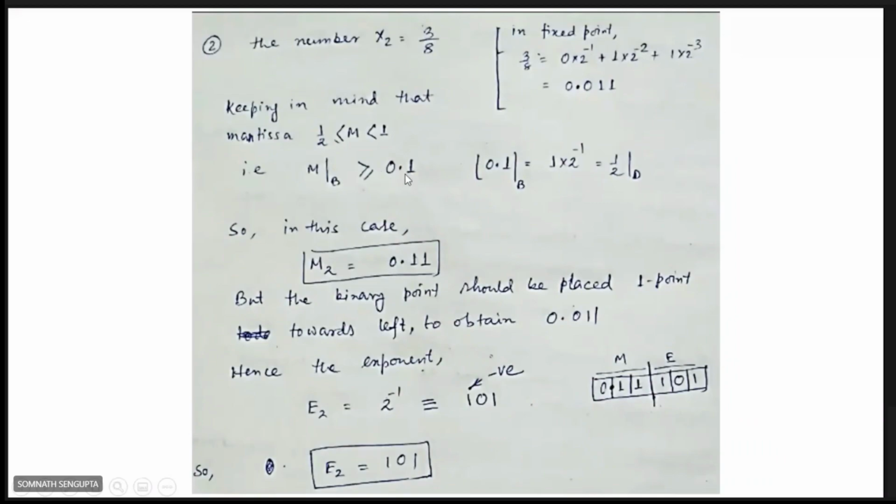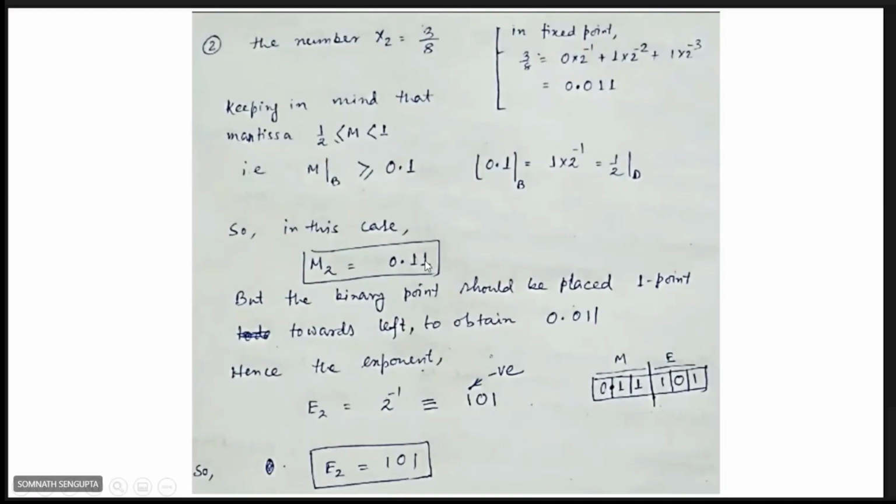So we have to consider this 0.1. Then another one we should write, because your fixed point is 0.011. So we have to consider 0.11.